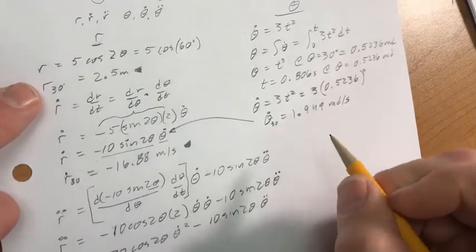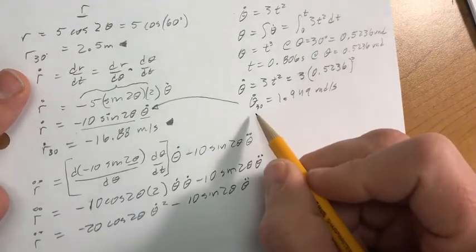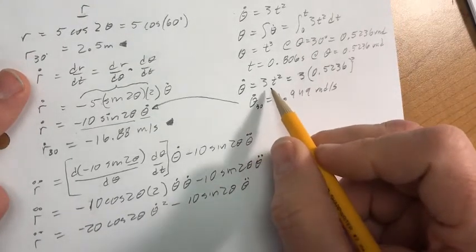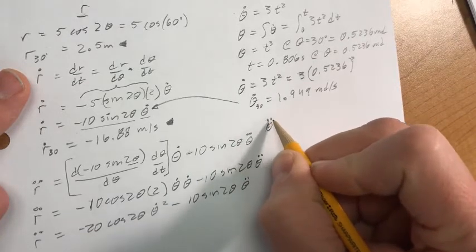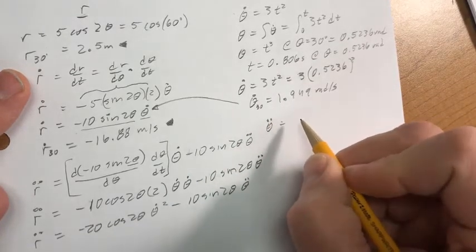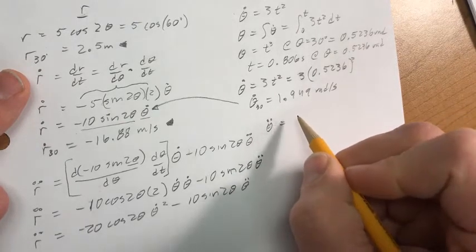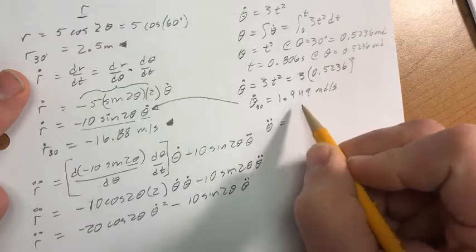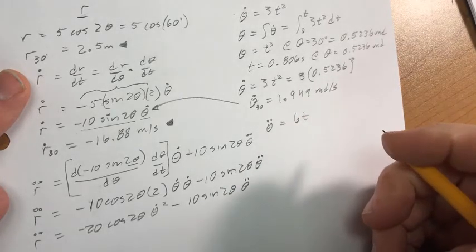All right, let's bounce over here, because the other thing we need is theta dot dot. So we have the function 3t squared. How do I get theta dot dot, which equals the second derivative of theta? Of course, that is just going to be 6t, the derivative of theta dot with respect to time.